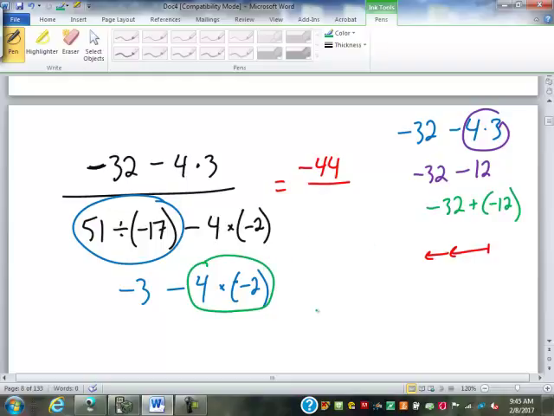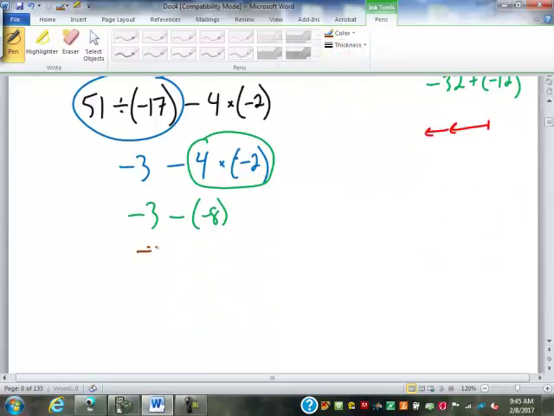This one, again, it probably would be easier to make that a plus a negative 4. If I leave it as 4 times negative 2, I get a negative 8. And it is going to be 3 minus a negative 8, which is going to be 3 plus 8, or negative 3 plus 8, which is 5.